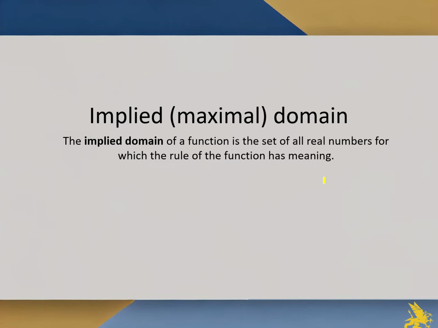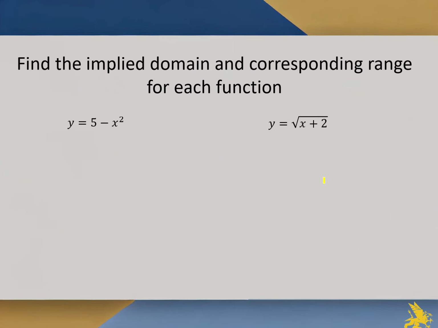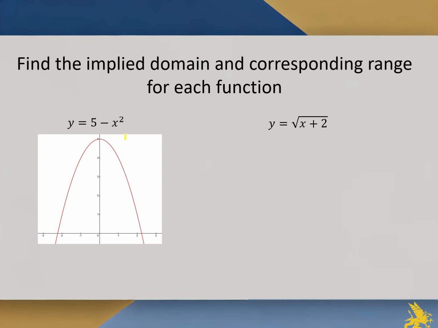Implied maximal domain. So this is referring to the set of all real numbers for which the rule of the function has meaning. So that means we're not being given any restrictions. If I am going to graph y equals 5 minus x squared, then I know it's going to be starting at 5 because it's a vertical shift up.